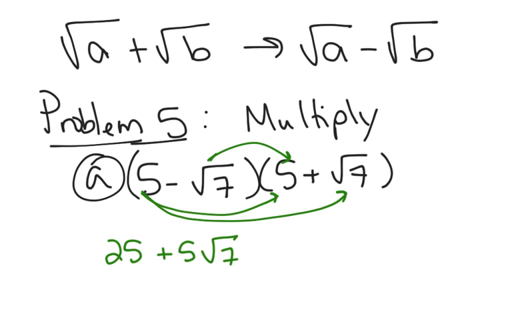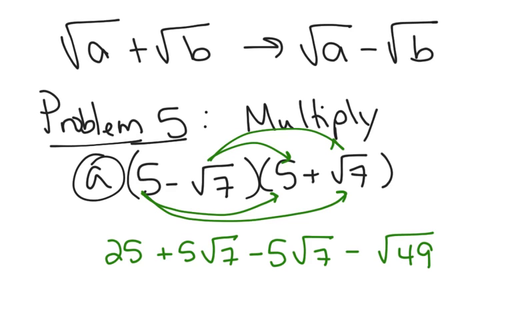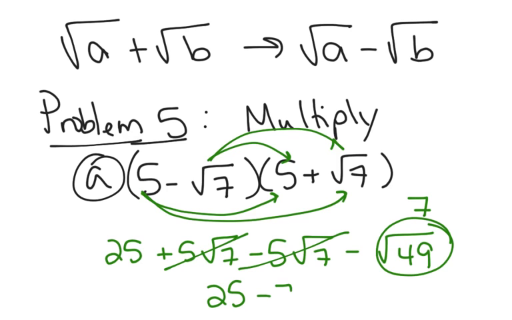And then I'm going to distribute again, and I get negative 5 the square root of 7 minus the square root of 49. Look, these are opposites. The square root of 49 is 7, so I get 25 minus 7, which is 18, and it went away.